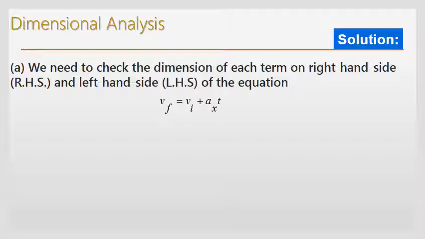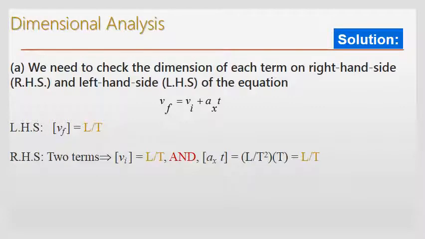So we need to check the dimension of each term on the left and right-hand sides. On the left-hand side, the velocity has the dimension of L over t. On the right-hand side, there are two terms. The first term, the initial velocity, has the same dimension as that on the left-hand side, which is L over t, and the other term is the product of a and t, whose dimension is the dimension of a multiplied by the dimension of t.